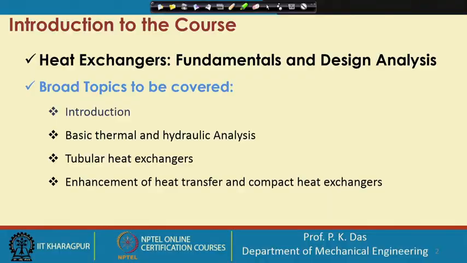One of the main varieties of heat exchanger is the tubular heat exchanger, where the main construction geometry is tubular. So, we would like to spend some time on tubular heat exchangers.